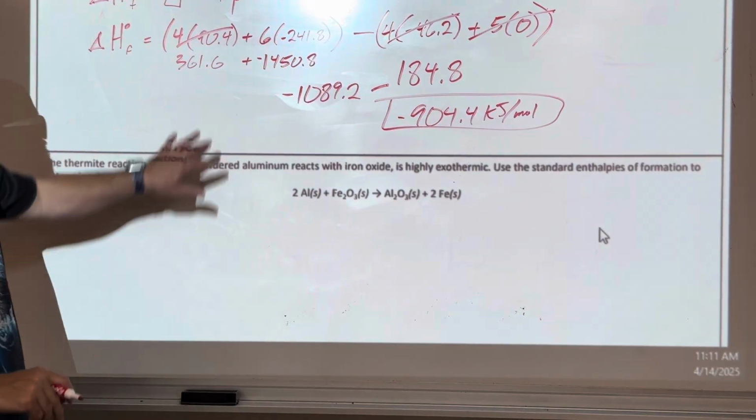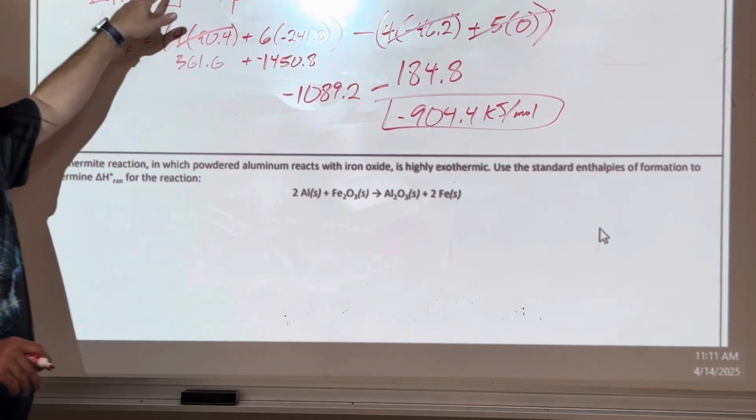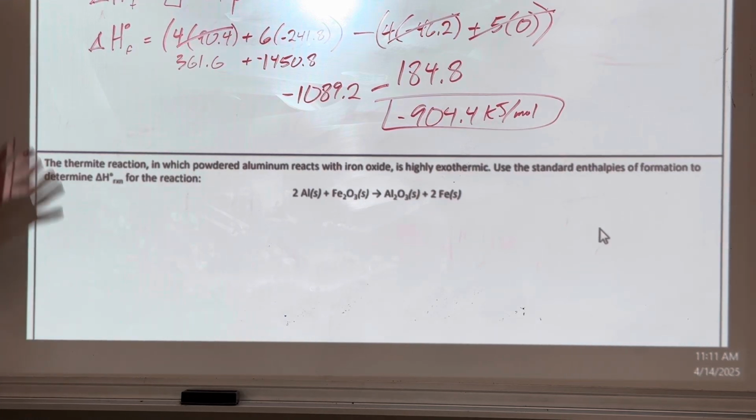Exothermic reaction. Again, you'll be given these values. You just have to multiply by their coefficients, add them up, and then take products minus reactants. We'll do one more. Let's look at the thermite question. In the thermite reaction, powdered aluminum reacts with iron oxide, and it's highly exothermic.